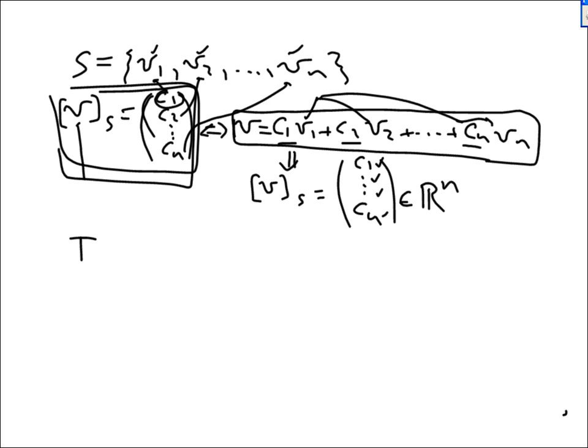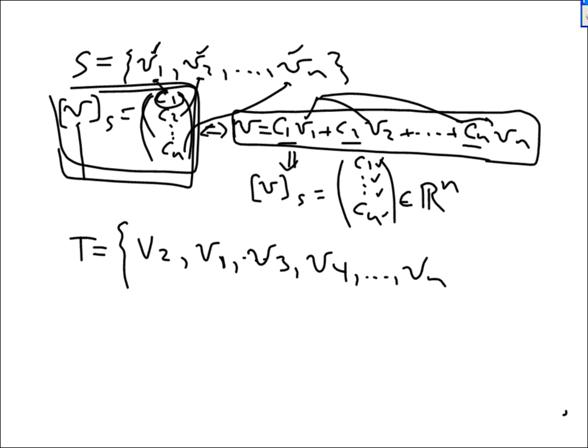Suppose basis T has v2 first, v1, v3 next, v4 next, up to vn. That is, I just switched the first two.